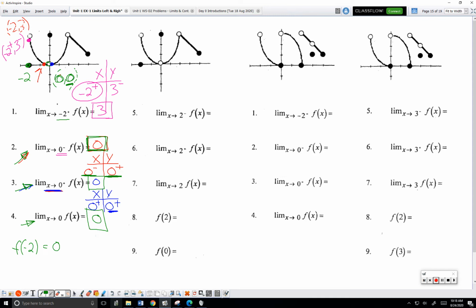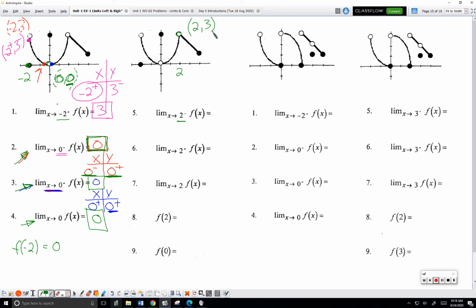Okay, moving over here. X approaching 2 from the left. So just a little bit negative of 2. Here's positive 2. I would be looking not here. That open circle is located at 2, 3. That is not a point. That's the open circle.